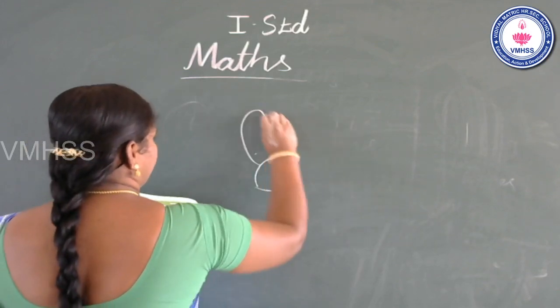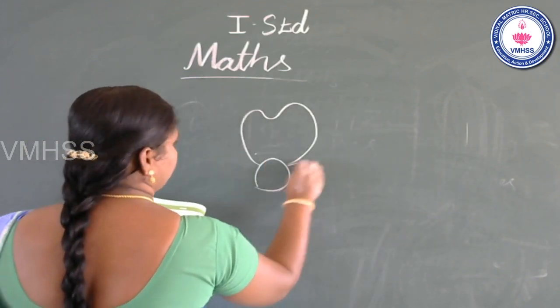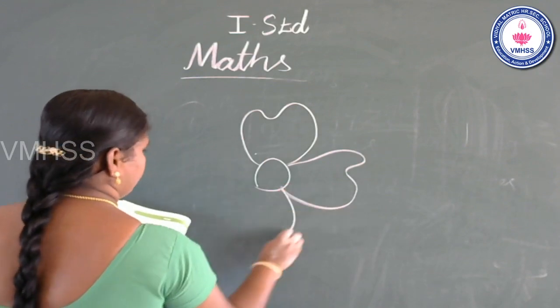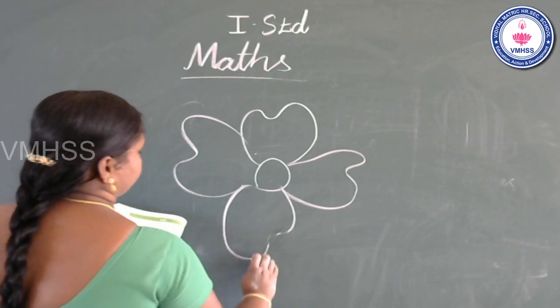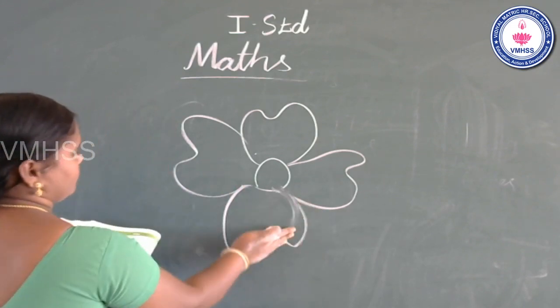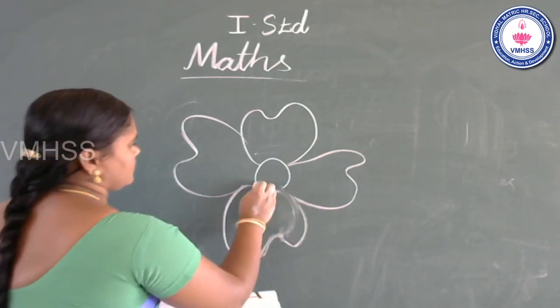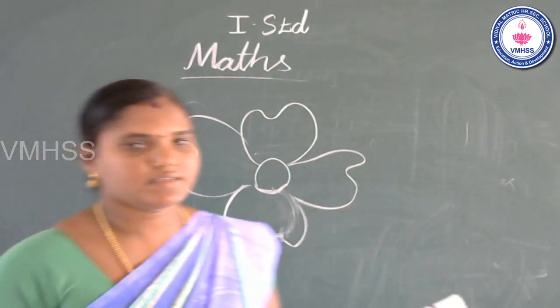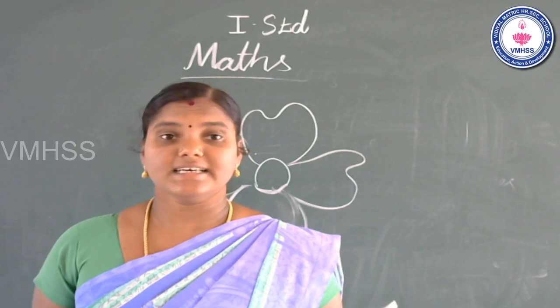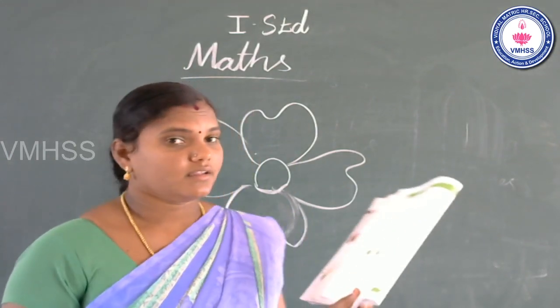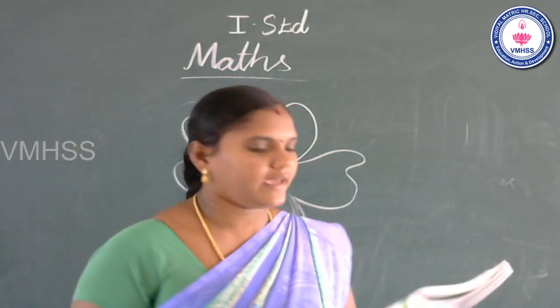Read the question. Add the number of petals and write the sum in the center.